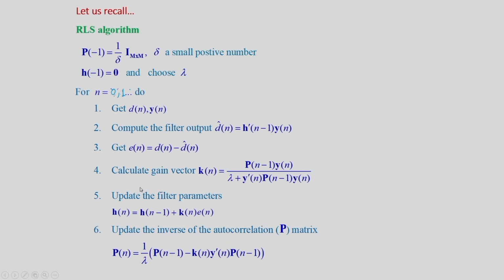Once we have calculated the filter coefficient, we update the P matrix, given by Pn is equal to 1 by lambda times (Pn minus 1 minus Kn into Yn transpose into Pn minus 1). This is the update equation for the inverse of the autocorrelation matrix.